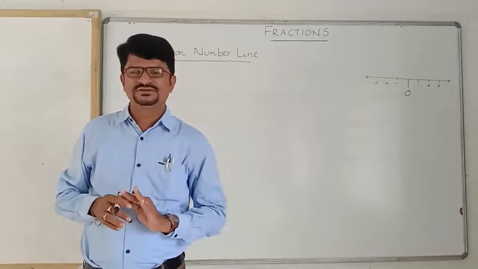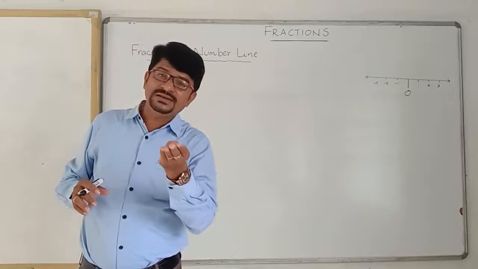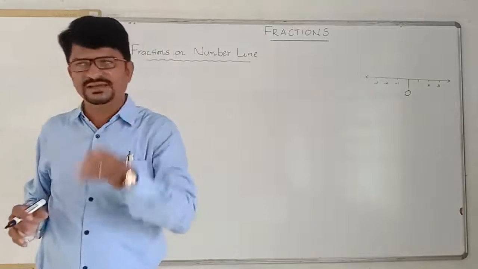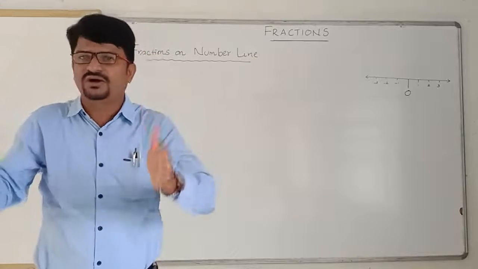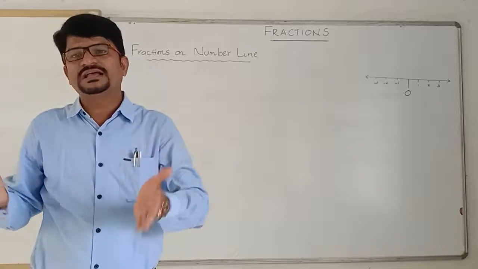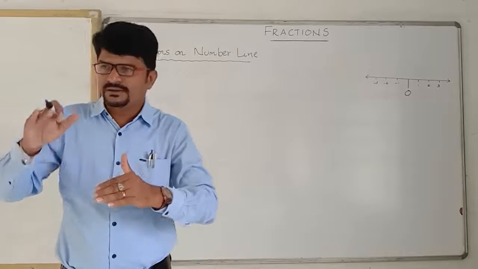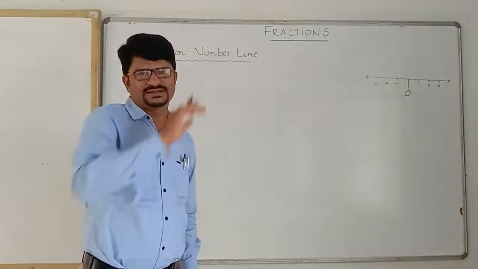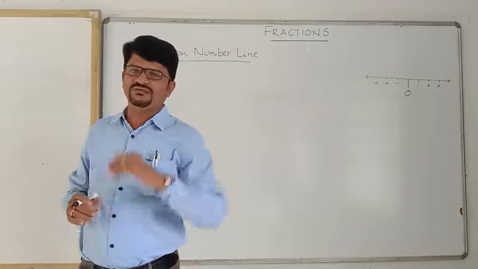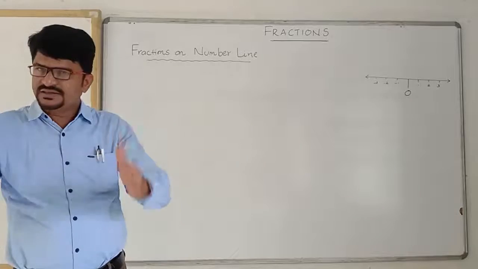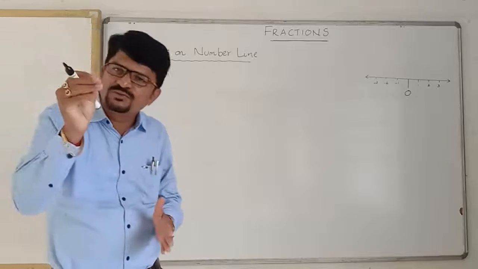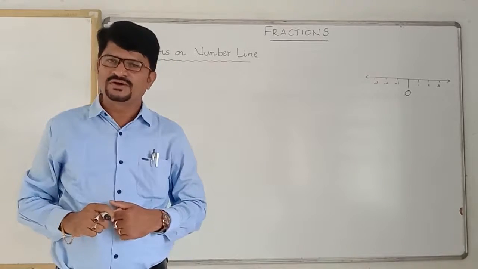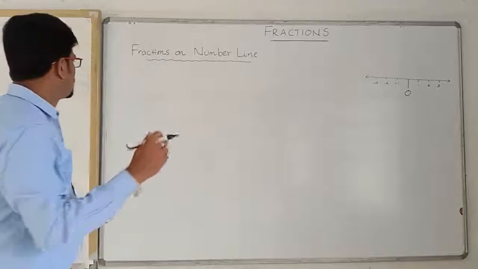So what is the denominator given here? You must divide that unit box into as many equal parts as the denominator. If the denominator is 5, you must divide that 1 unit box into 5 small equal boxes.